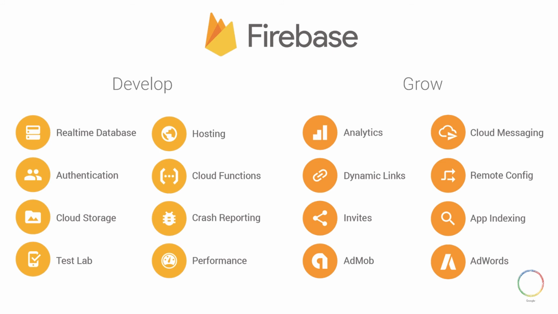By testing that, you'll see what your audience likes and what your audience doesn't like. Through things like dynamic links, instead of just a dumb share of here's my app in the Play Store or the App Store, you actually have context embedded within the link. So your users, when they install the app, are taken to the content that made them desire the app, and again get instantly delighted.